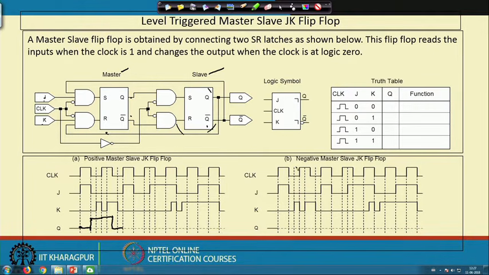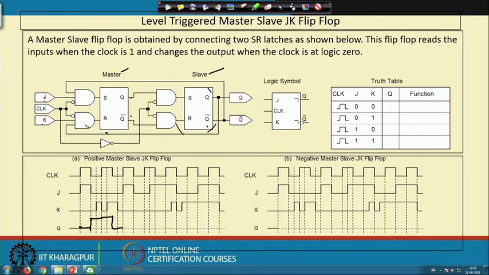Okay. So, the advantage is that here also we do not have that continuous toggling problem, because the slave flip flop will change only once, during when the clock signal is low, and then only those values will be available to the J and K first two AND gates. So, these two AND gates, the values will be available only in the next clock pulse.